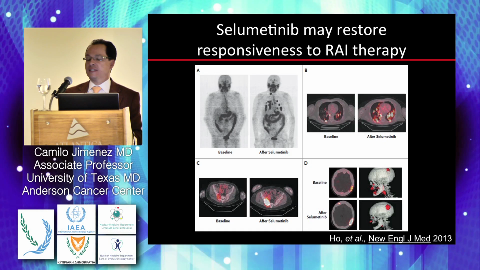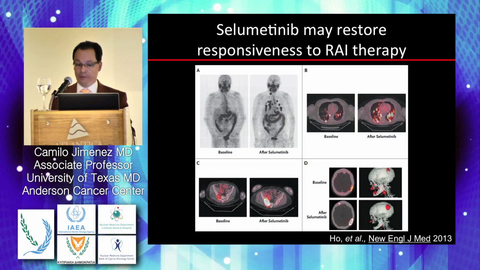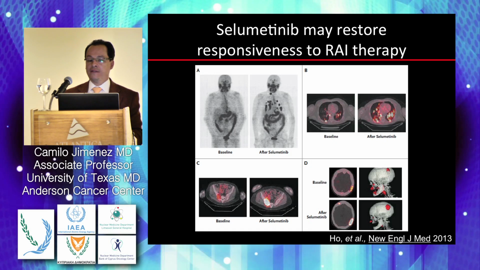This is work that has been done brilliantly by James Fagan and his group at the Memorial Sloan Kettering in New York. And this is a study in which we are looking at the responsiveness of radioactive iodine therapy. I'm just going to show you one patient of that particular cohort. This is a patient in whom you see an iodine scan. This is at baseline.